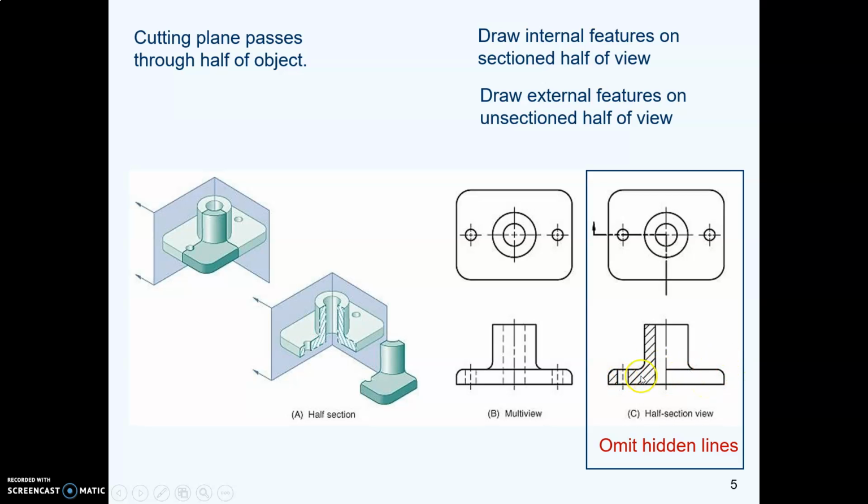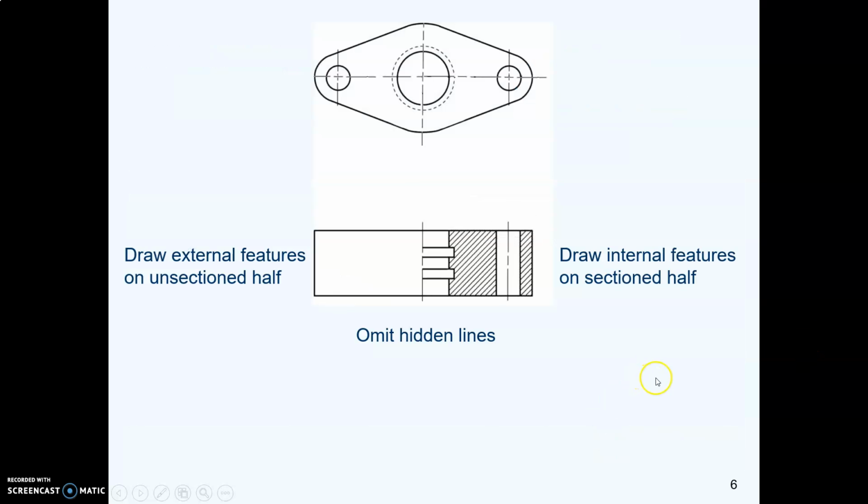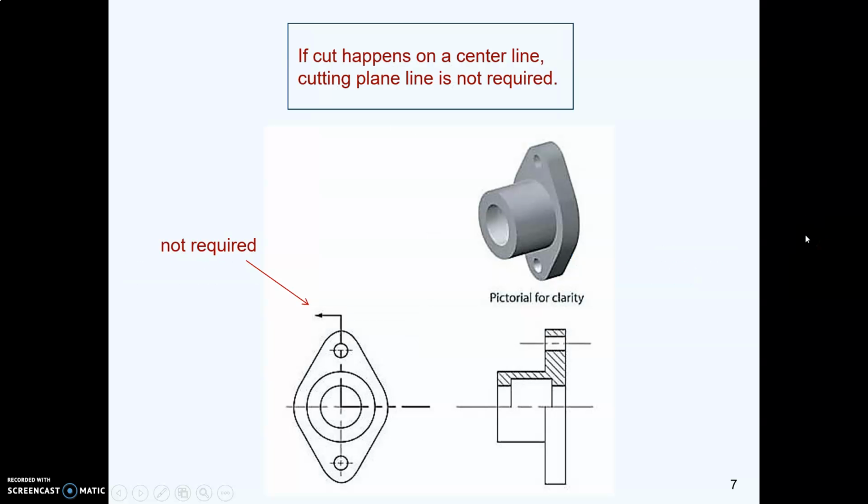Notice again, there are no hidden lines on either side. Here's this part we were looking at before. Notice again, there are no hidden lines on either side. Here's another example with a cutting plane line, which we do not need as long as we're cutting along a center line.